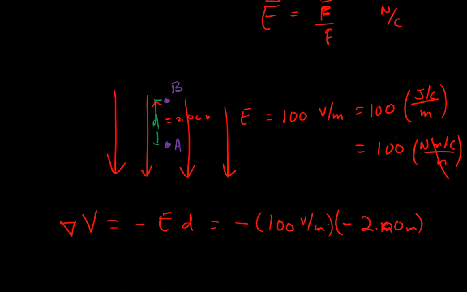And so minus a minus is a plus. Delta V is equal to 200 volts. So going from A to B, the voltage would have to rise 200 volts. So that's a very straightforward application of our equation that delta V is minus E d.